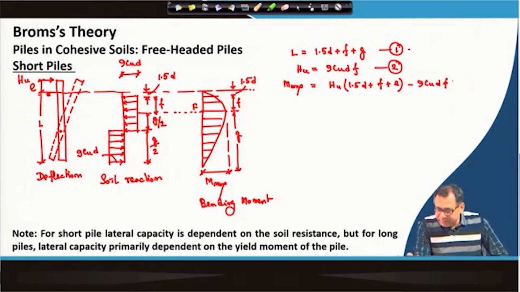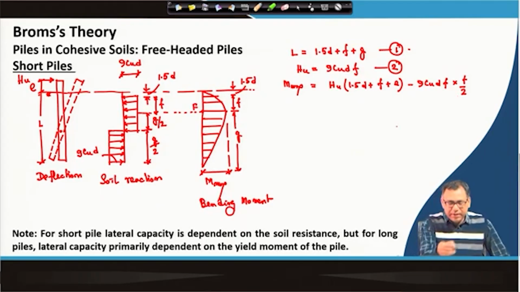So, F into this area divided by, it will act at the center, F into F by 2. So, that is the maximum moment. I am taking the moment above the point F. So, this is M max.